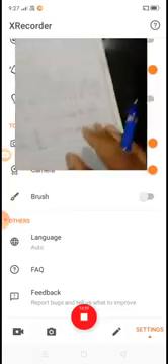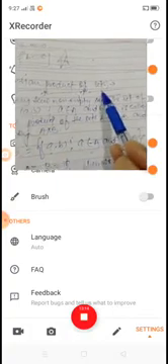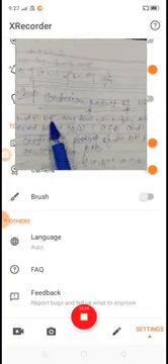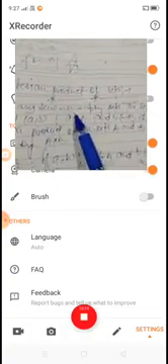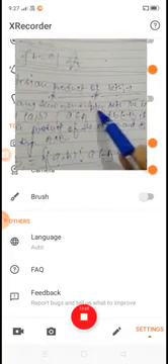Let's see once more. Cartesian product of two sets. Let A and B be any two non-empty sets. This is a very important concept: non-empty sets.